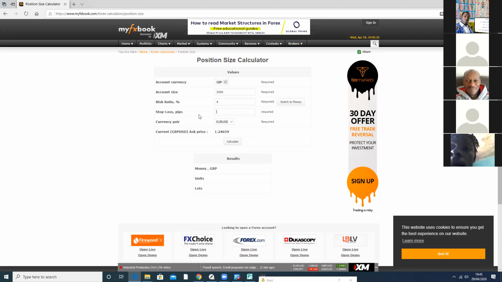And the stop loss, looking in terms of how many pips, was say 100 pips, and the currency pair I'm looking at was say the Euro USD. So it's going to calculate, and basically I should be making my lot size 0.15.